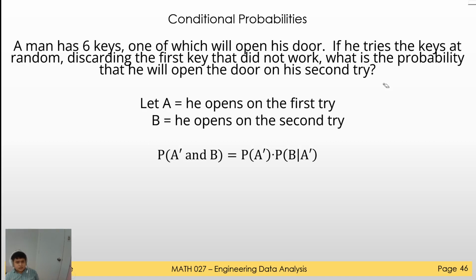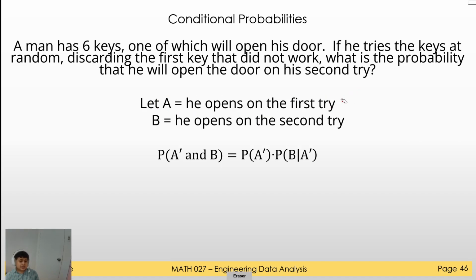So let event A be the event that will occur on the first try, and event B will be the second try. Event A is when he opens the door on the first try. So it will be only in the second try if it is not the right key that he chose.